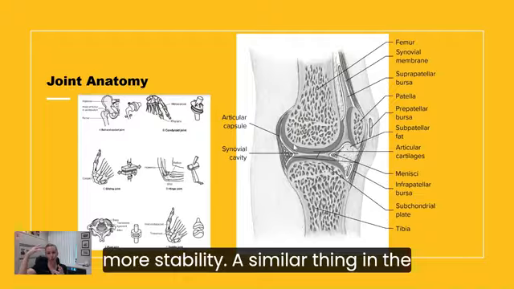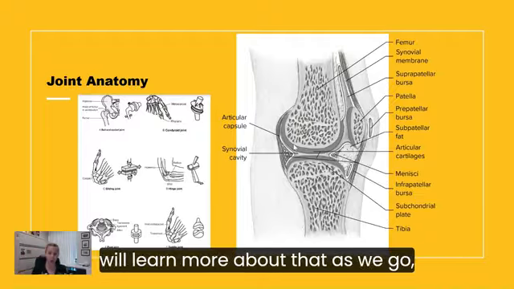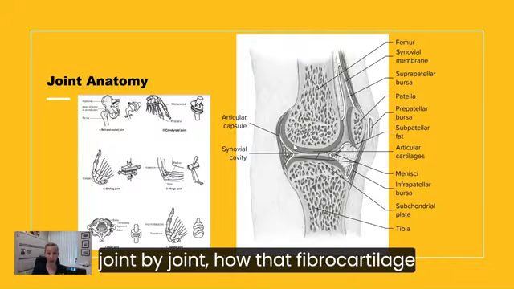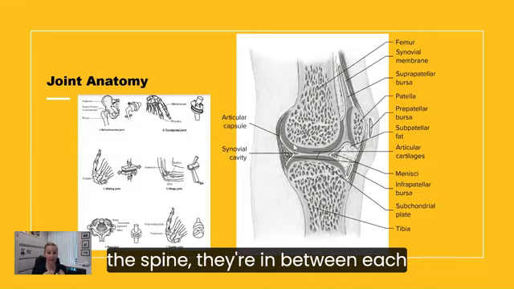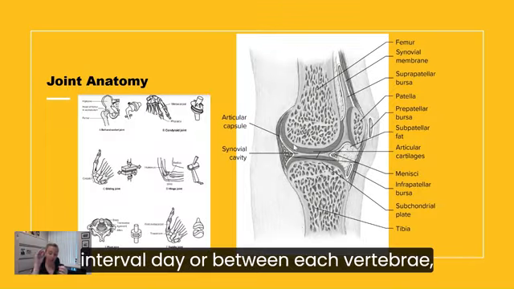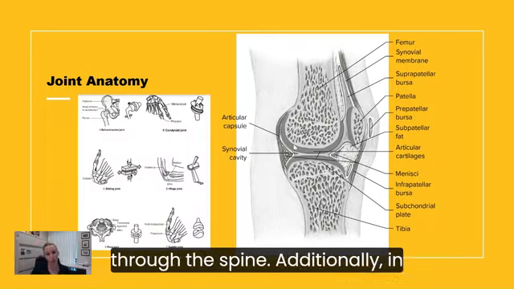A similar thing in the shoulder with the glenoid labrum, it deepens the socket and provides more stability. So we will learn more about that as we go joint by joint, how that fibrocartilage plays a role in that. In the spine, they're in between each vertebra, and they're called intervertebral discs. And they actually cushion and allow for that absorption of force going through the spine.